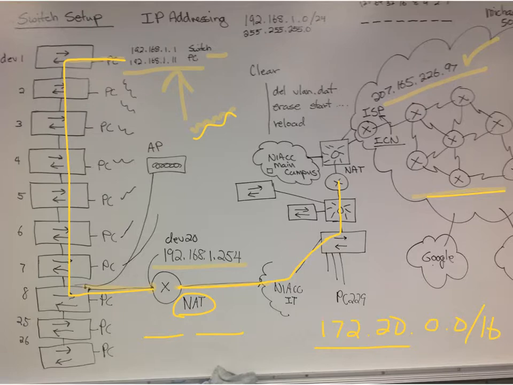When it gets here, it gets NATed to the outside address, and then it goes out to the internet. And at each place, the NAT keeps track of the matchup of the outside address to the inside address.